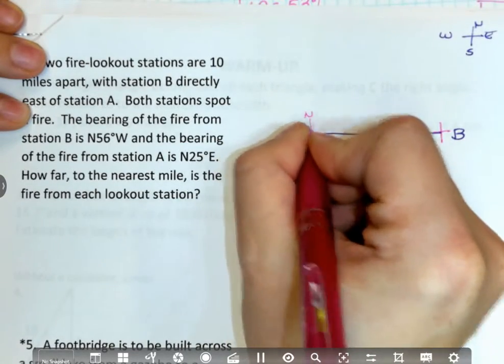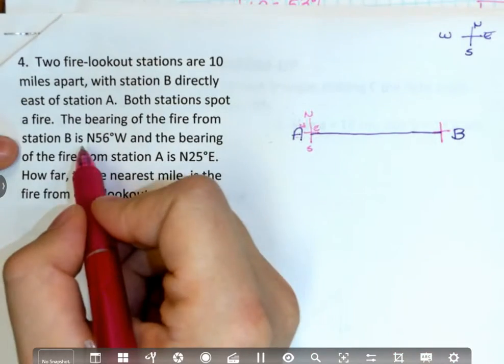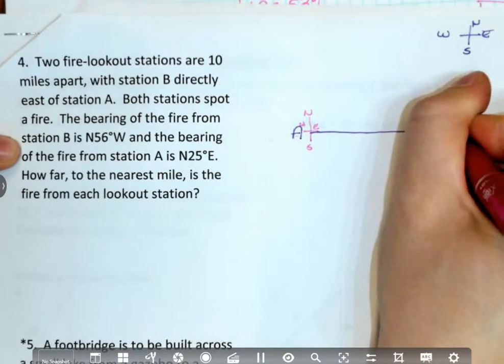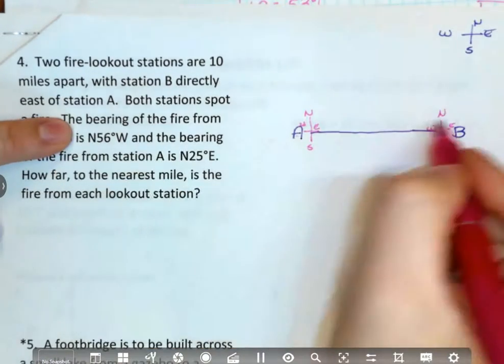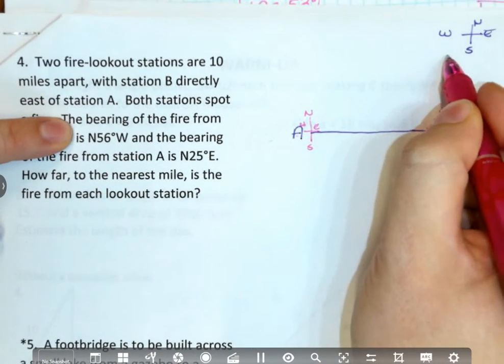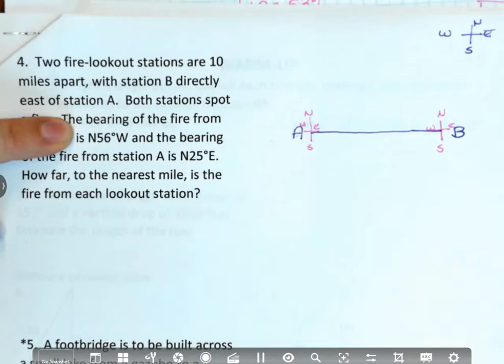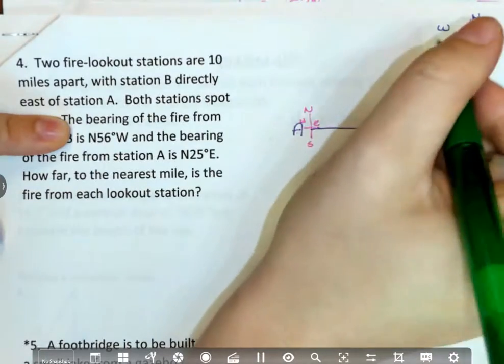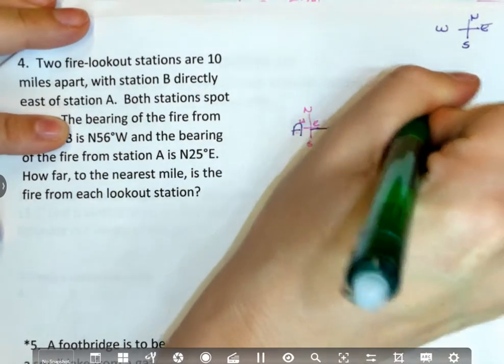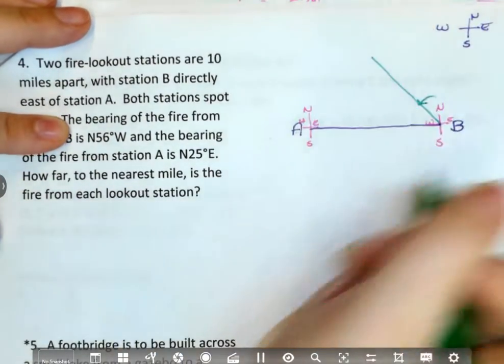North, south, west, and east. So the bearing of the fire from Station B is north 56 degrees west. So that means I start looking north, and then I move 56 degrees west. You always start north or south, and then you do the other one.